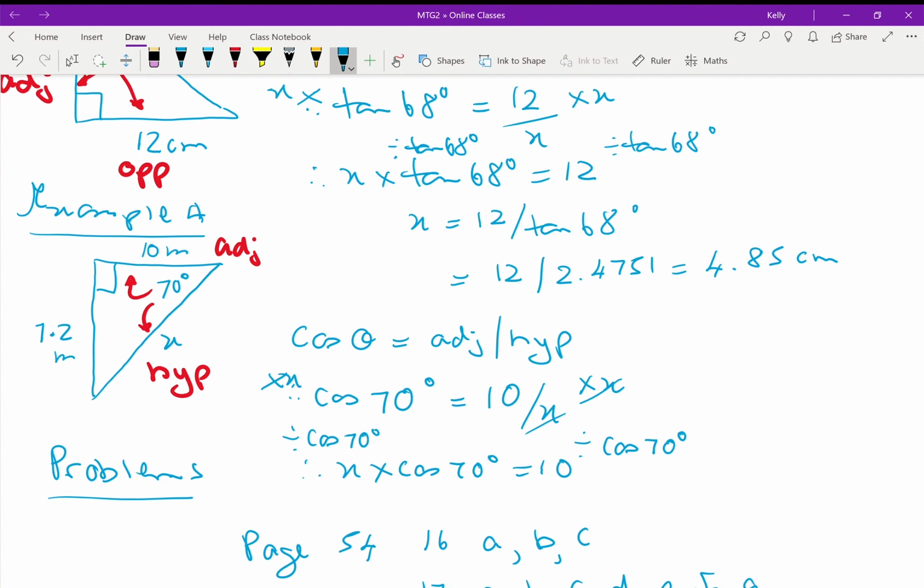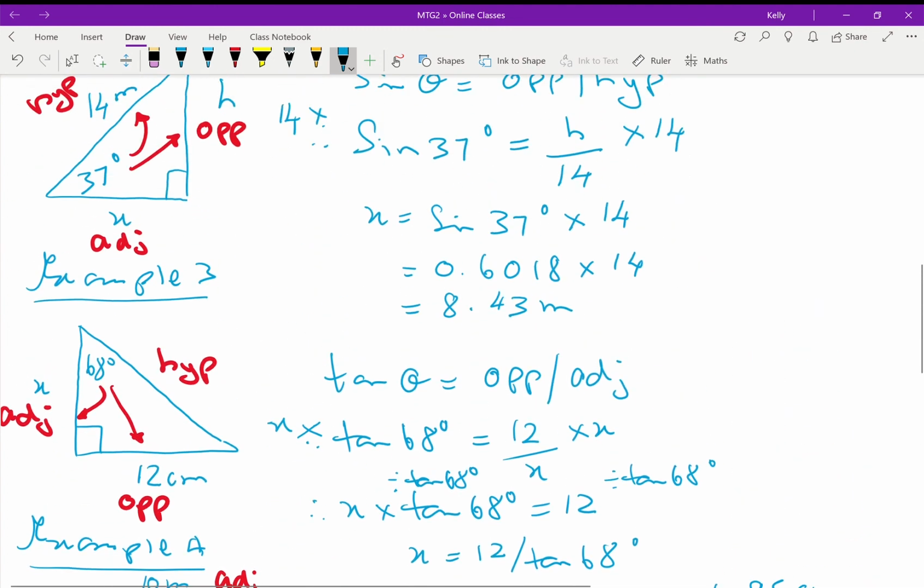So what am I left with? x is equal to 10 divided by cos of 70 degrees. On the calculator, put 70 in. The cos of it is 0.3420. So 10 divided by 0.3420 is equal to 29.24, and I'm going to put meters in as my measurement.